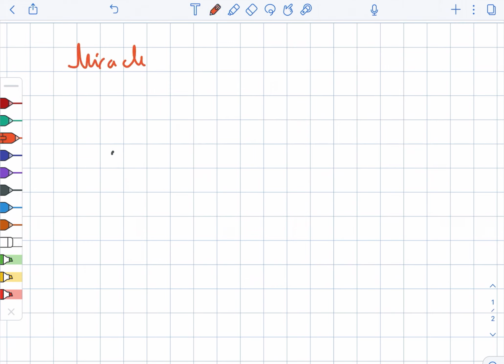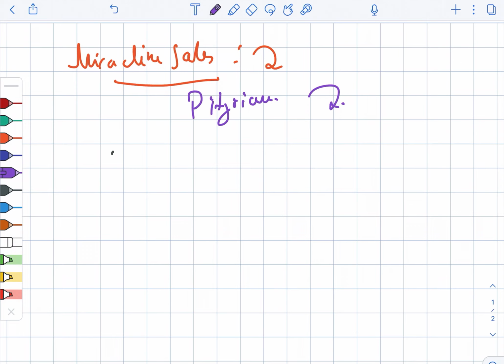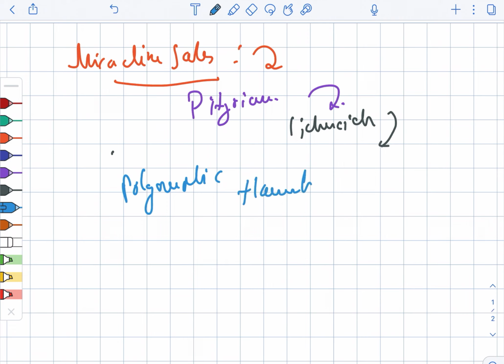These mica-like scales are seen in pityriasis lichenoides. The lesions are polymorphic, with some showing hemorrhagic crusting, as well as adherent scales.